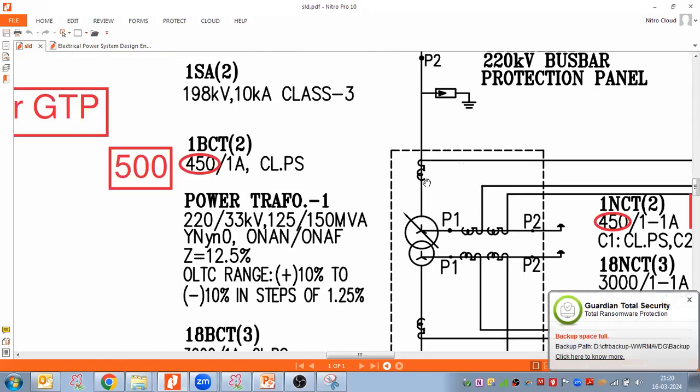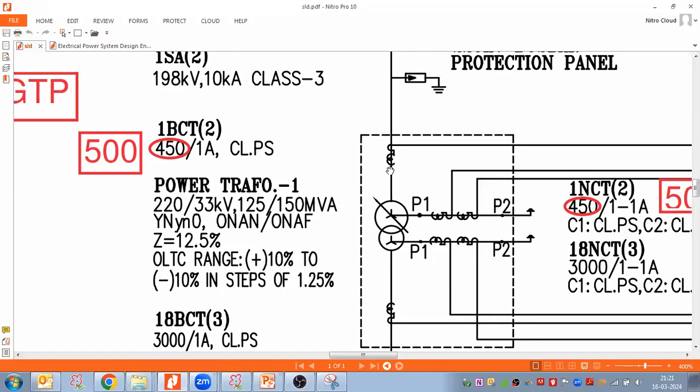So if you see this kind of symbol in the SLD, what does this symbol represent? This symbol is the bushing type CT. So why do we use this?